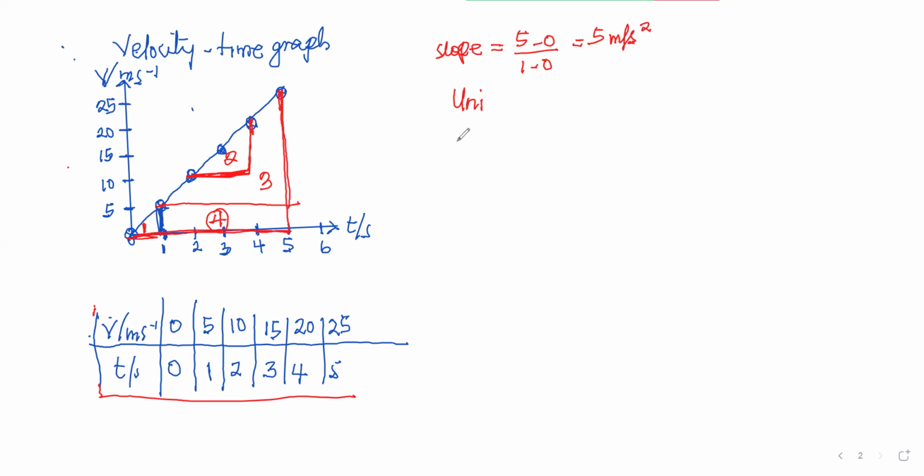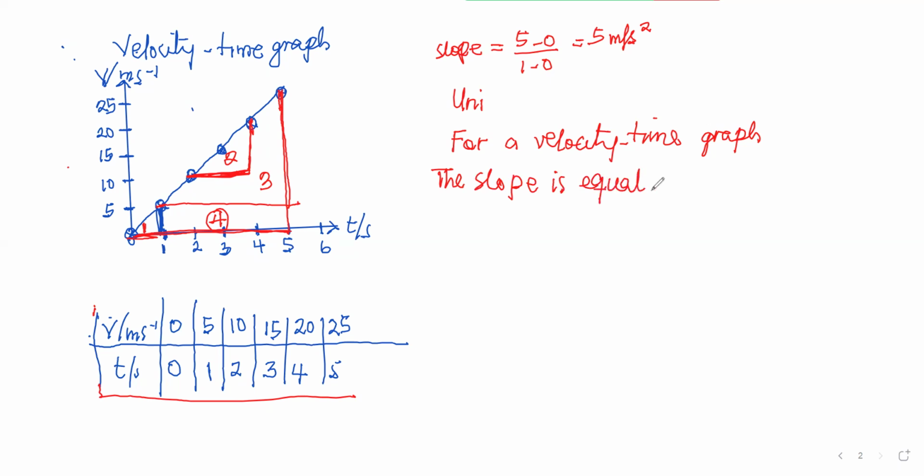So note that for a velocity time graph, the slope is equal to the acceleration of the body.